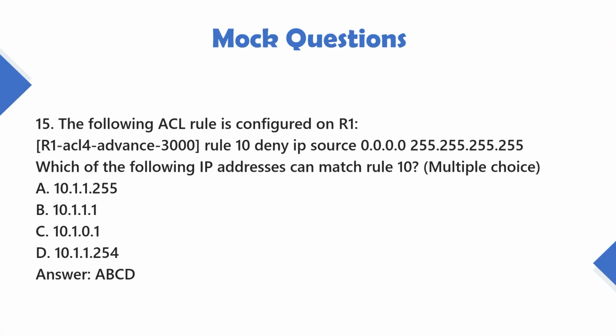15. The following ACL rule is configured on R1. R1 ACL4 advance 3000. Rule 10 deny IP source 0.0.0.0 255.255.255.255. Which of the following IP addresses can match Rule 10?